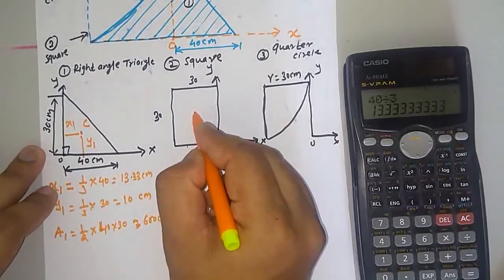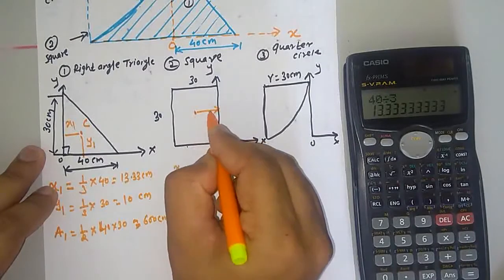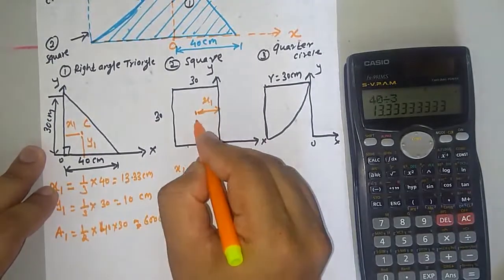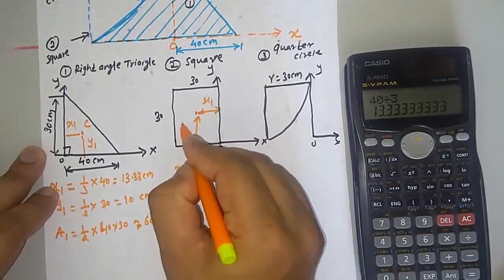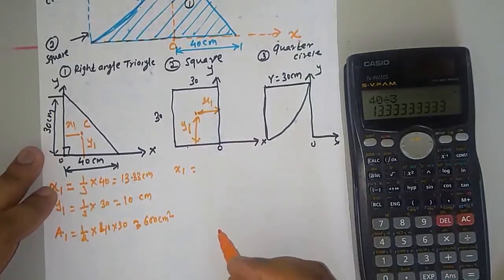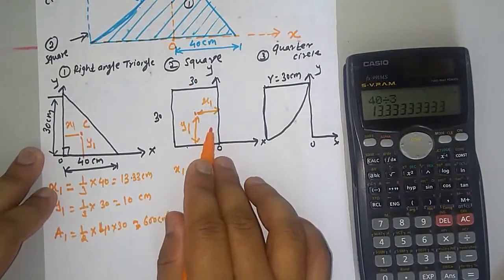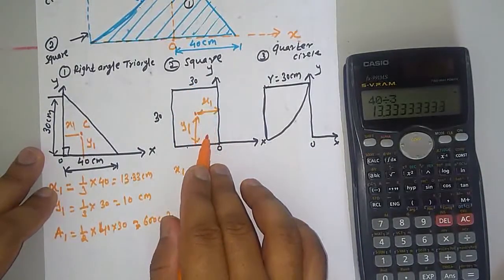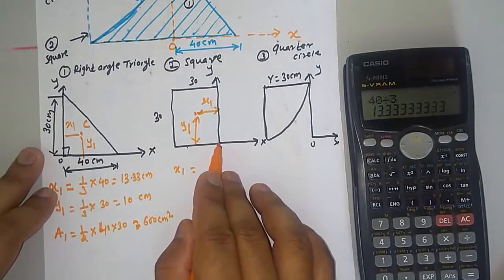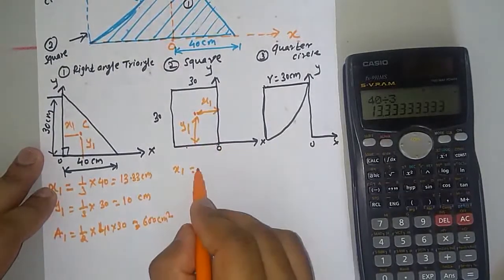So what is the centroid? Here it is. This is x2 and this is y2. The x value is half of this 30, that is 15, but it is in the second quadrant. So the sign is negative: here is 0, the origin, so it is left of the origin.